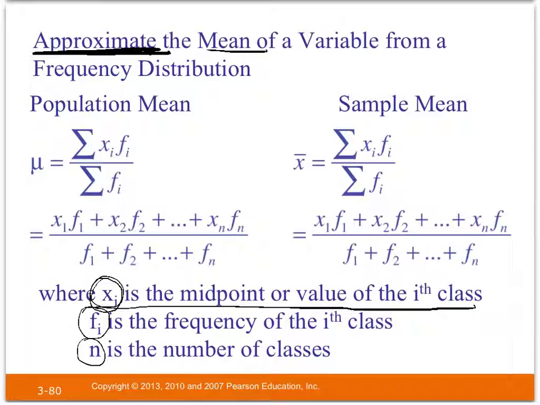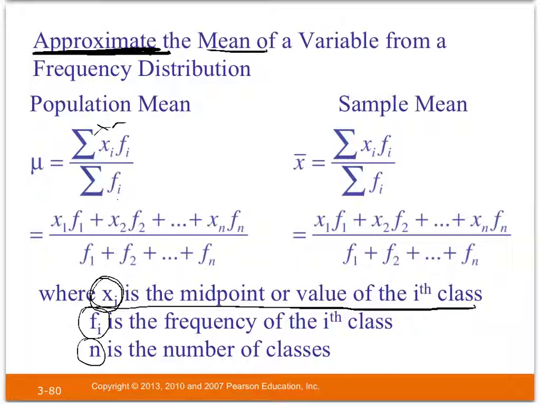So, with calculating the population mean and the sample mean, we're going to do it the exact same way. We are going to multiply the midpoint of each class by the frequency of each class and add them up. And then we're also going to add up the frequency of each class. And we're going to divide the two. Okay? And in doing so, we can approximate the population mean.